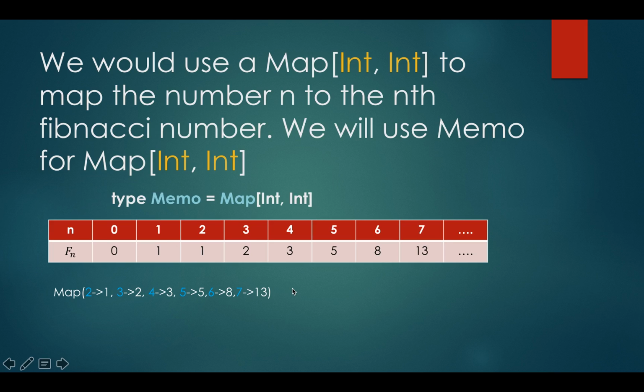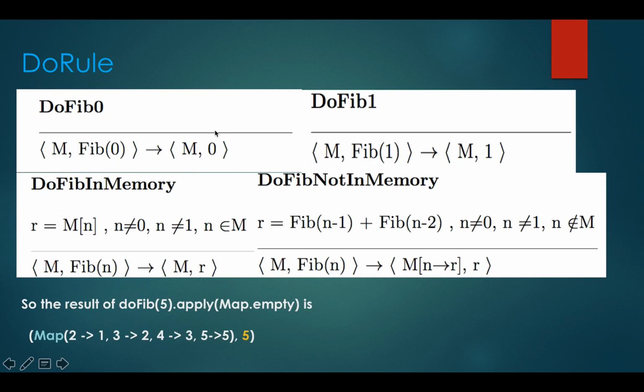I also designed the do rules. The zero case: if we are calling for Fibonacci 0, we will return 0 directly. If we are calling with parameter 1, we will return 1. If we want to fetch a Fibonacci number which is already in our memory, we will return that result directly.